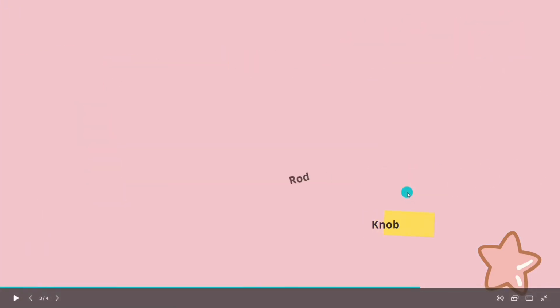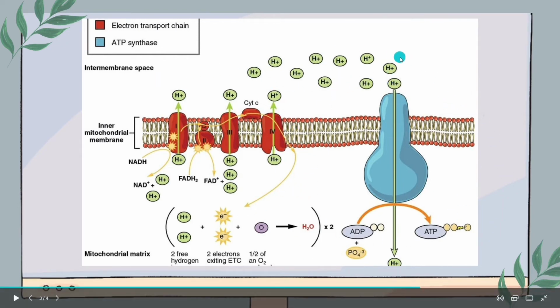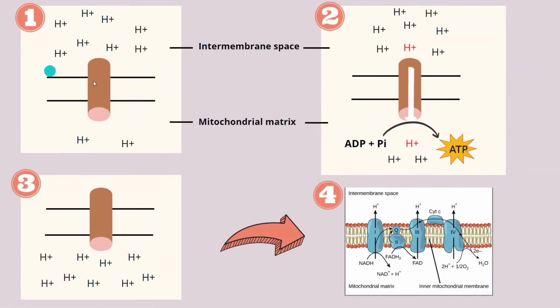The chemiosmosis process is related to the electron transport chain. So this site is where the electron transport chain occurs, while this site is where chemiosmosis takes place. The accumulation of H+ in the intermembrane space creates a proton gradient across the mitochondrial membrane.